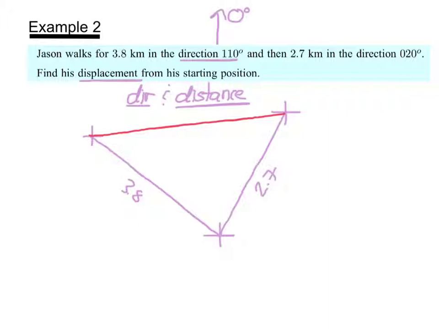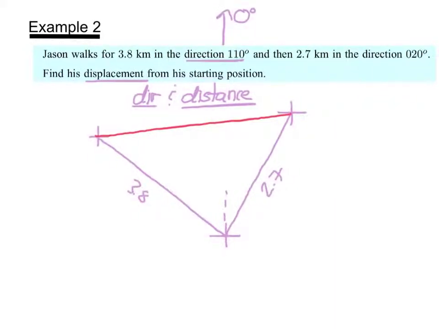So I have a triangle, and I can figure a few things out about the geometry of this triangle. First of all, we know that this is 20 degrees right here below the east line, because the original bearing was 110, and that makes this 70 degrees.